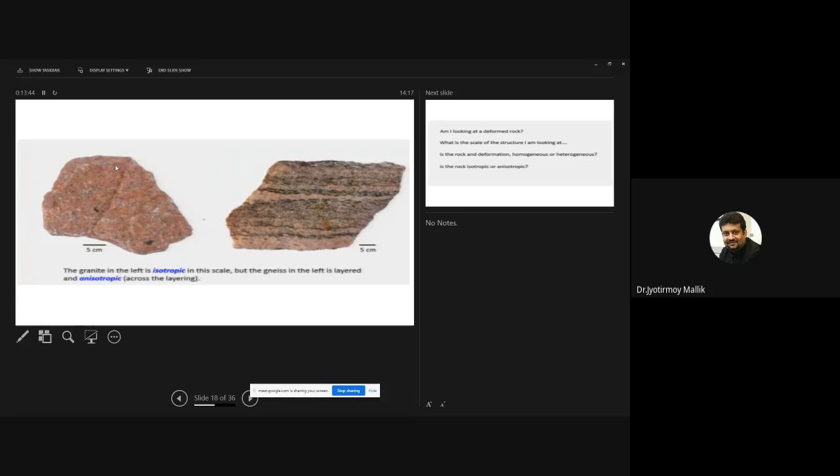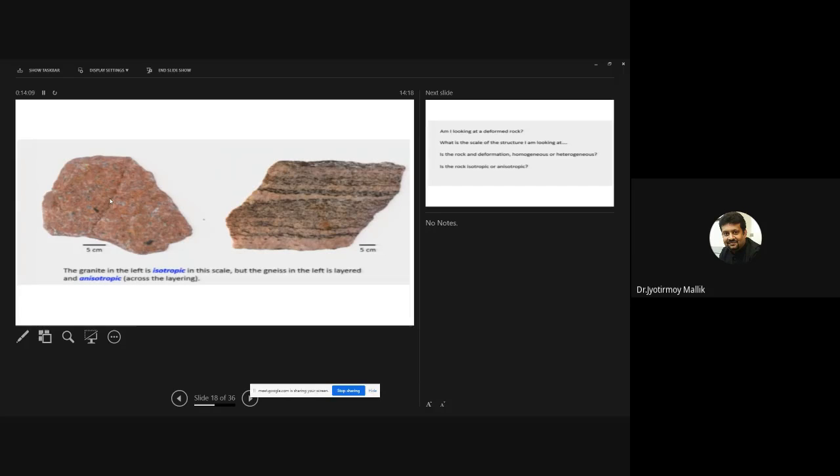Now, if I look at this one, it will appear to you as inhomogeneous, right? It doesn't look like a homogeneous material. But if I ask you whether it is isotropic or anisotropic, in a very sensu stricto definition, it is perhaps anisotropic. But broadly, it is an isotropic material. What do I mean by that?